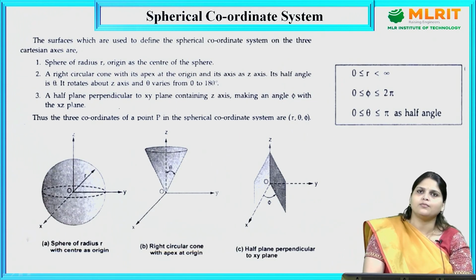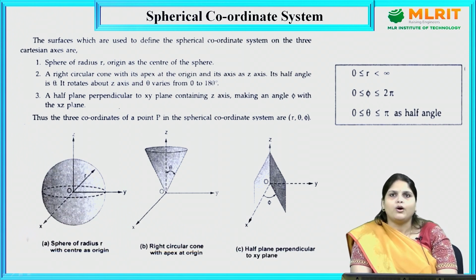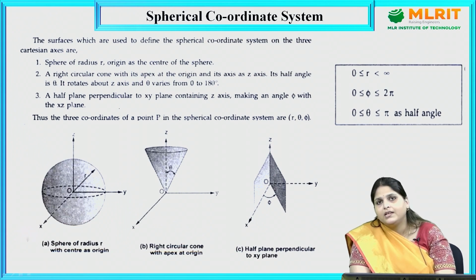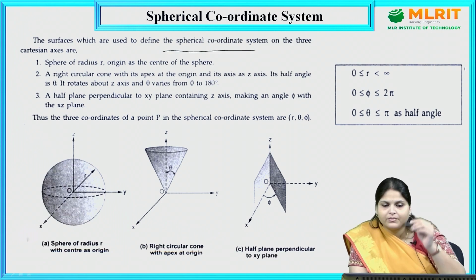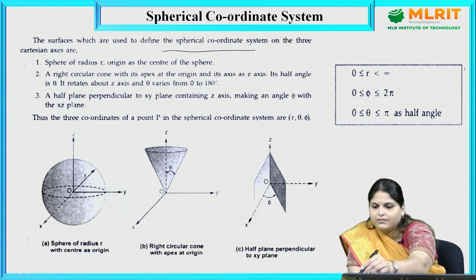Next we'll discuss the spherical coordinate system. How do we form a sphere, or how do we get this particular system? What are the surfaces which we need to define the spherical coordinate system? Again we need three elements.